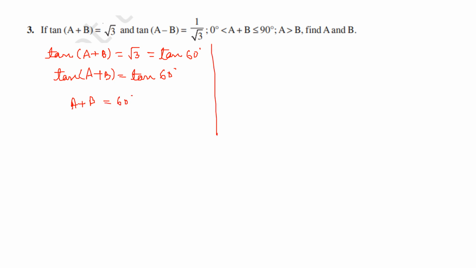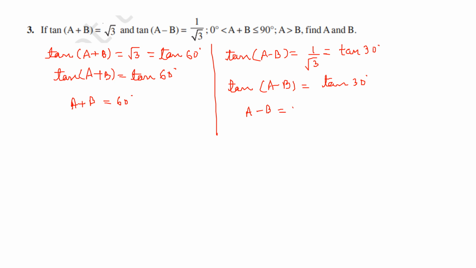Now if you take the second part, tan (A minus B) is equal to 1 by root 3. And for which value of tan do you get the answer as 1 by root 3? It is tan 30 degree, isn't it? So from here I can write tan (A minus B) is equal to tan 30 degree. It means A minus B is 30 degree.